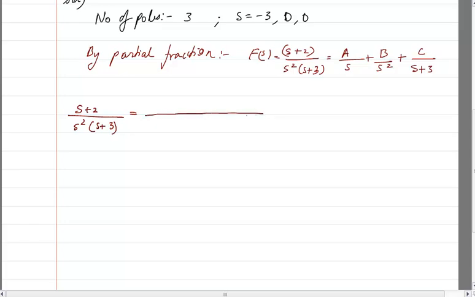Here s is already there, so if the denominator has to be s squared into s plus 3, then with A I will have to multiply s and s plus 3, plus B into, this is s squared, so for having the denominator s squared into s plus 3, B should be multiplied with s plus 3, and for C it will be just s squared.